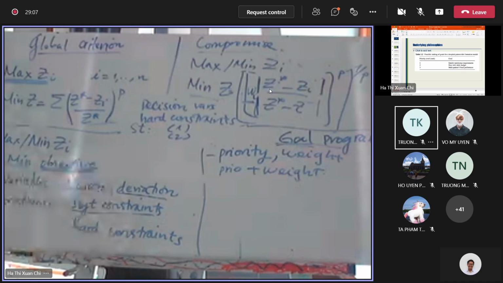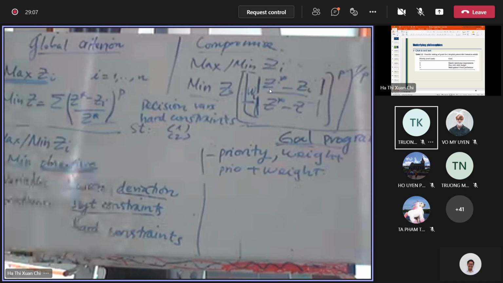For example, if you look at table 1.2, you have priority level 1, 2, 3, and you have goals. So the first is satisfy nutritional requirement. I said that is priority 1, but stay within the daily budget, that is priority 2, and meet patient food preference, that is priority 3.